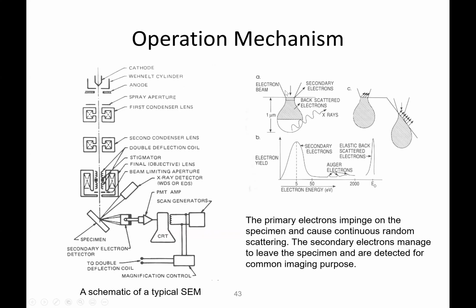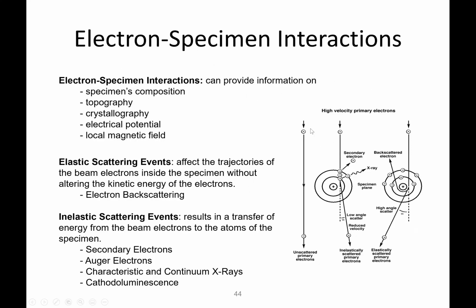When the electrons come into a certain surface, because the electron has very high energy, it reacts with the top surface and also penetrates through the material, and is scattered by the inner core electrons and atoms. Many scattering events happen.